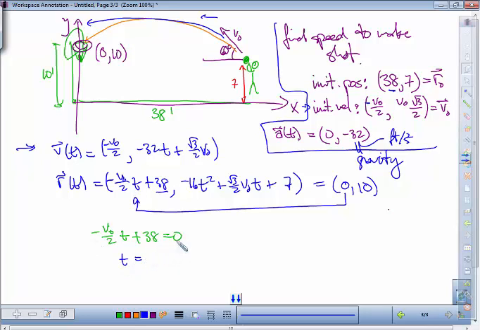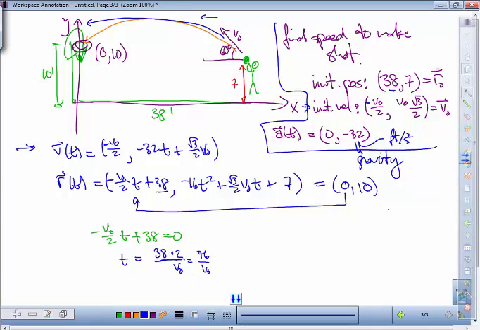T is equal to negative 38 over negative v naught over 2, which goes to the other side as 2 over v naught. And then the negatives would cancel. So what do I have here? It's 38 times 2. 60, 70, 76.